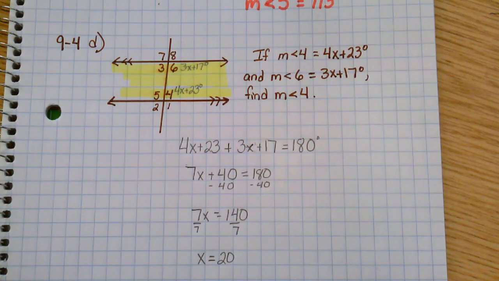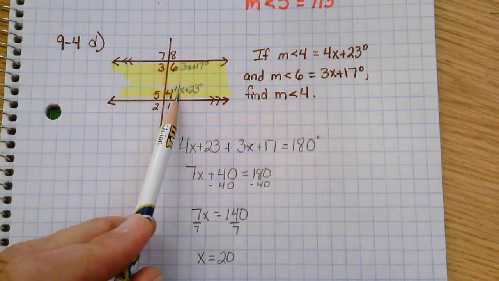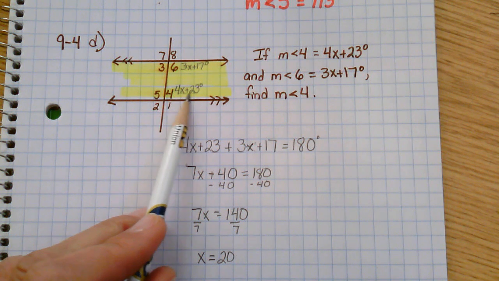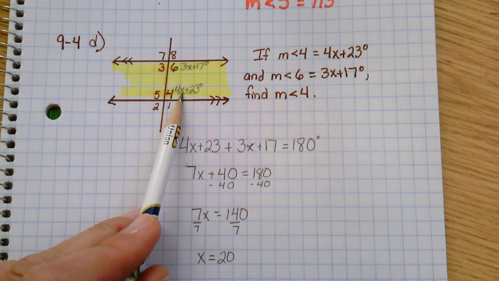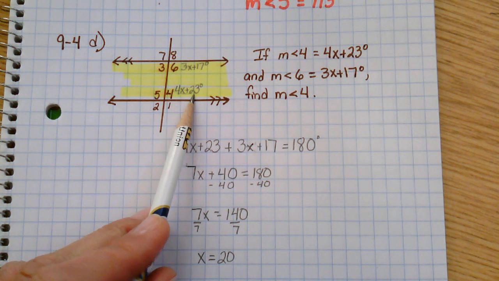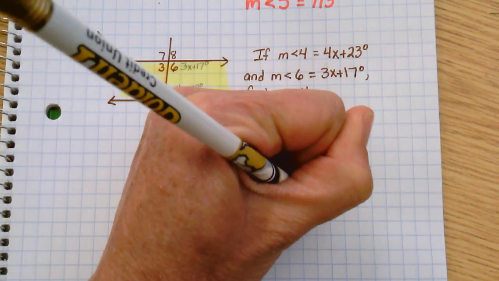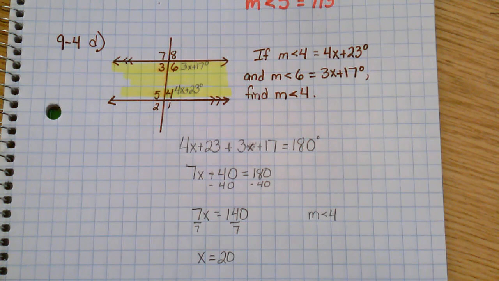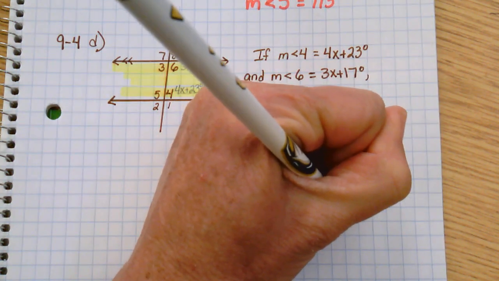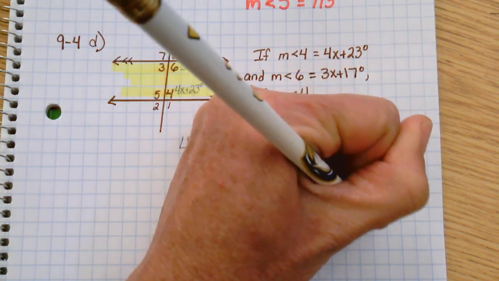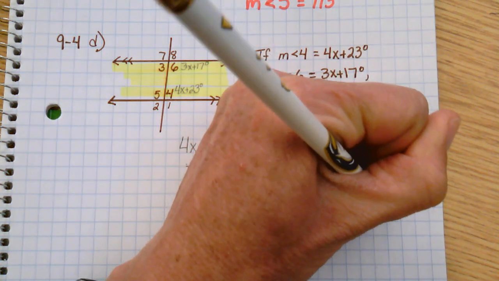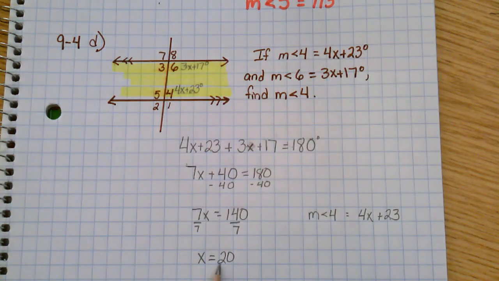Now we're not quite finished yet because they did ask us to find the measure of angle 4. Angle 4 is 4 times x plus 23. So I'm going to do a little side problem over here to show the measure of angle 4 is equal to 4x plus 23. I will substitute my value for x in here now.